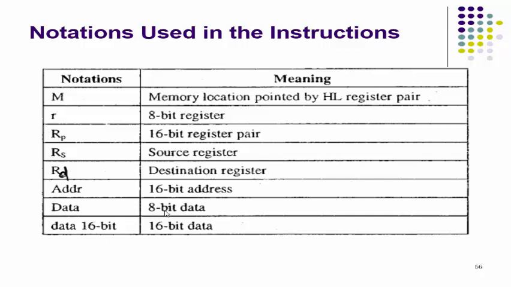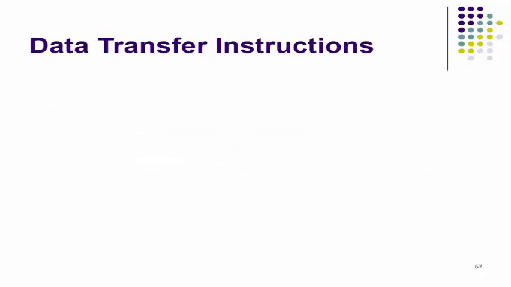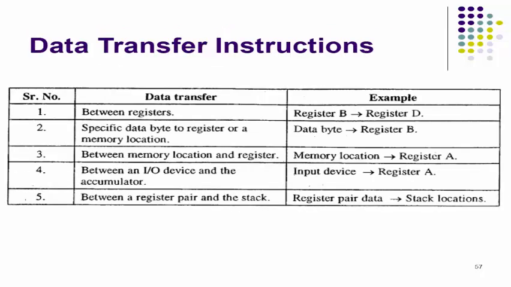Then data indicates 8-bit data, and data 16 indicates 16-bit data. These are the notations mainly observed in the instructions of 8085. Now we will see, one by one, the instructions under the data transfer group of instructions.